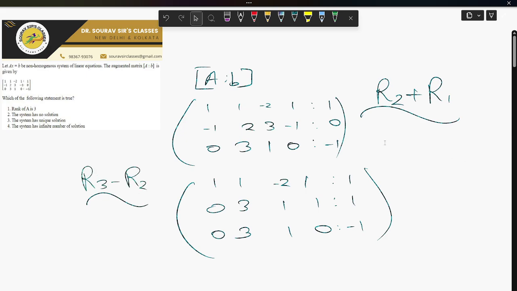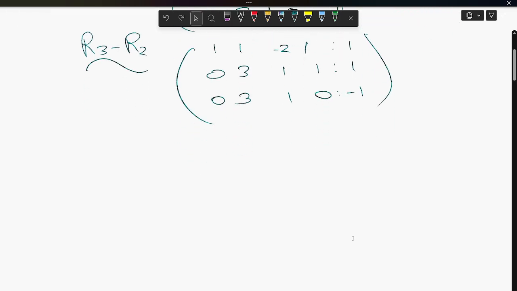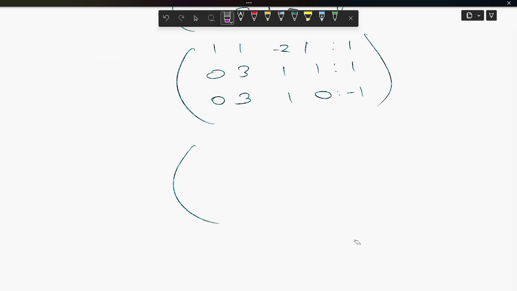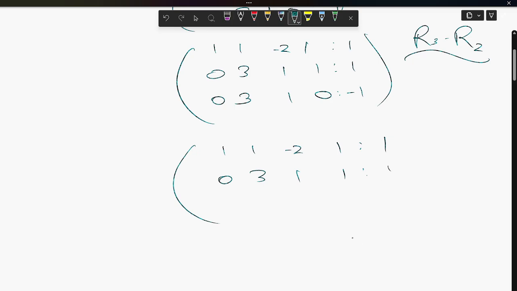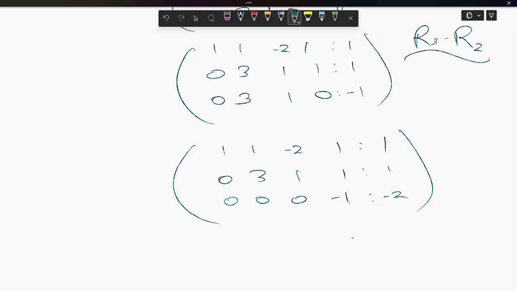Then what will we get? Sorry, that will be now R3 minus R2. Then we will get 1 1 minus 2 1 | 1. Then we will get 0 3 1 1 | 1, and finally we will get 0 0 0 minus 1 | minus 2.